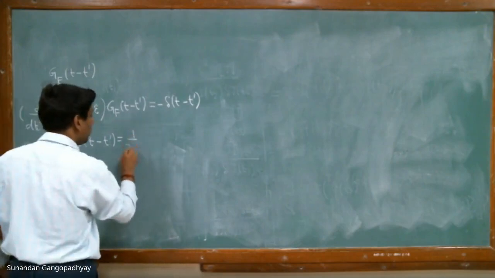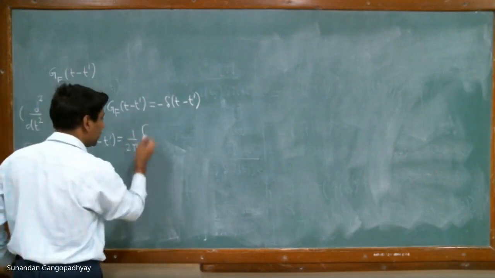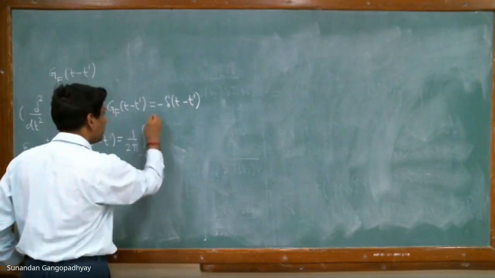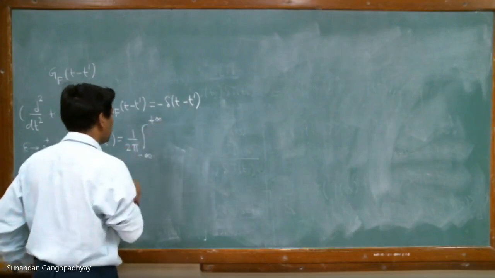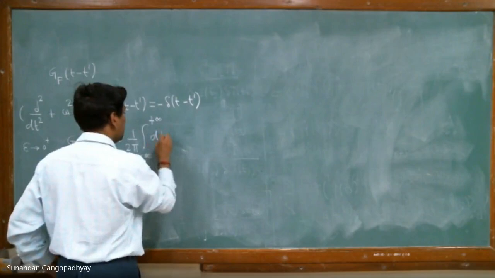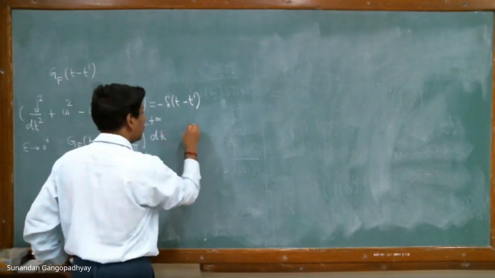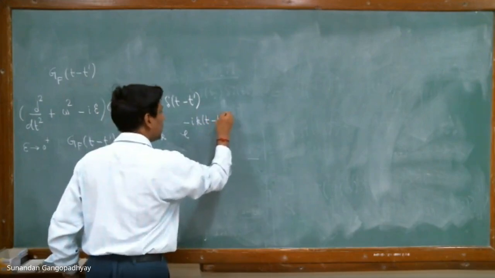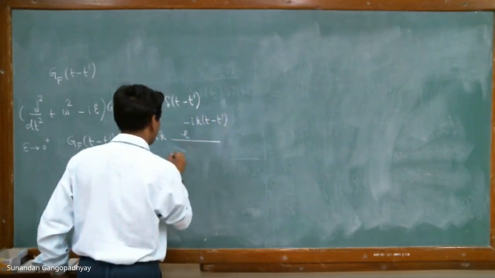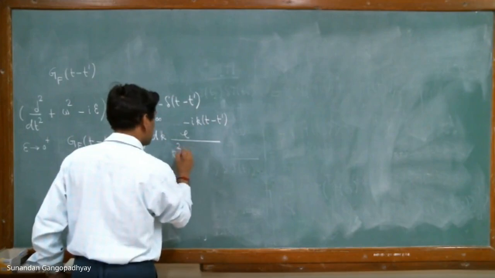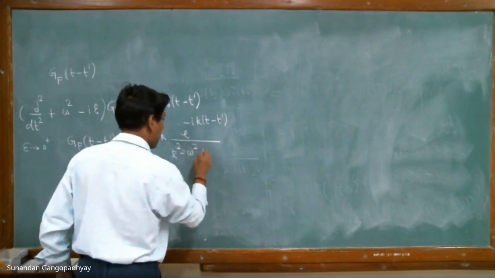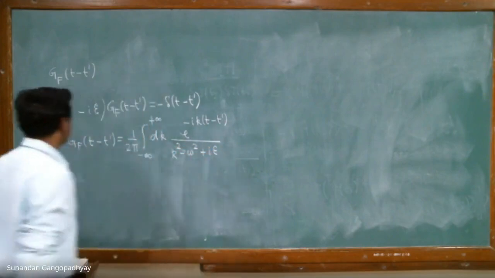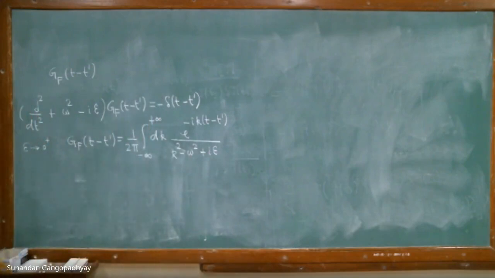Anyway, we'll have a 1 by 2 pi outside. Whether you use it or not, ultimately the final result will have a 1 by 2 pi in front. And this was the integral dk e to the power of minus i k (t minus t prime) divided by k squared minus omega squared plus i epsilon.